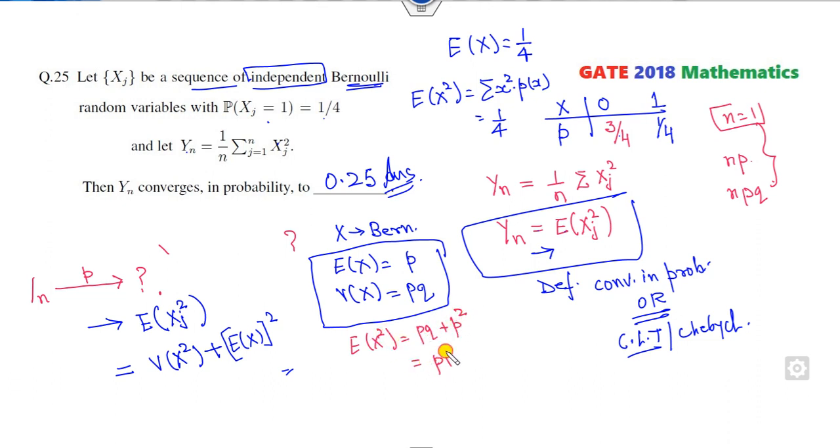Here p is common, and q plus p is 1, so p is the right answer. Otherwise you can substitute the values of p and q and you will get the same answer.